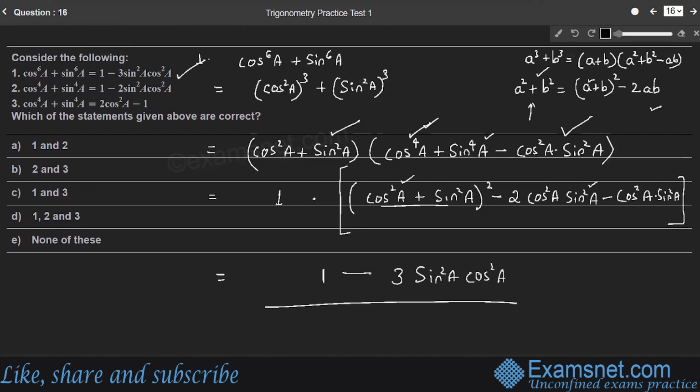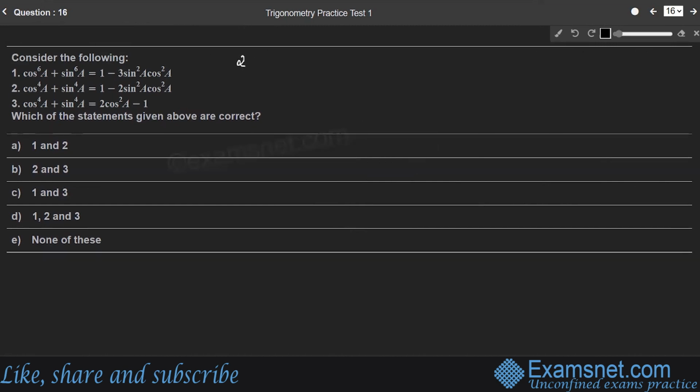Let us consider the second one: cos raised to 4A plus sin raised to 4A. Just now we discussed a square plus b square, which is always (a plus b) the whole square minus 2ab. Here a is cos square A, so a square is cos raised to 4A.